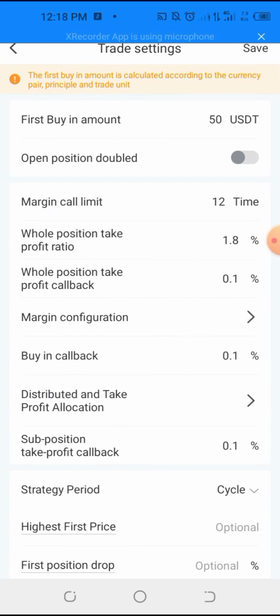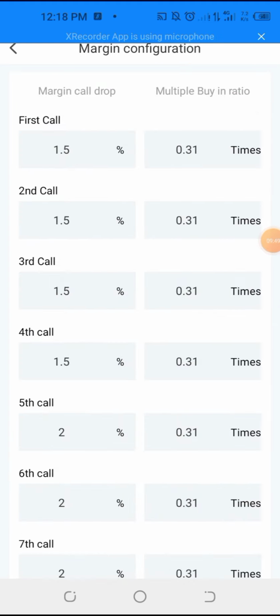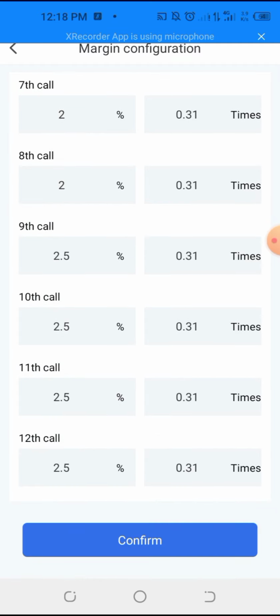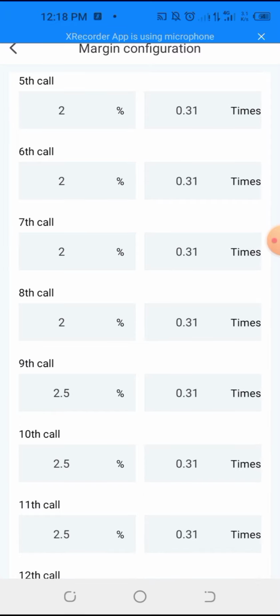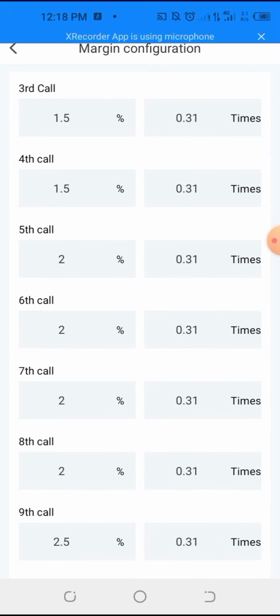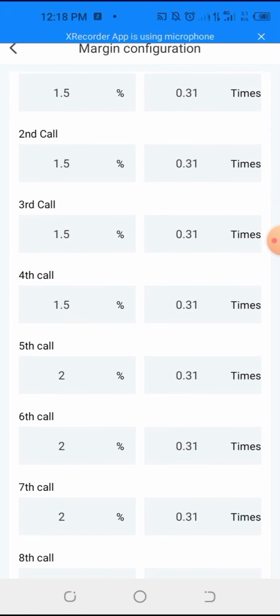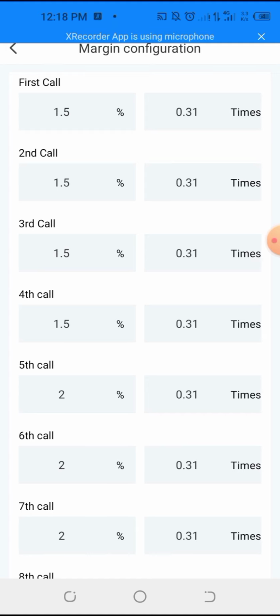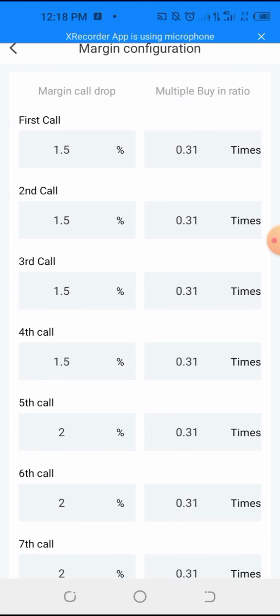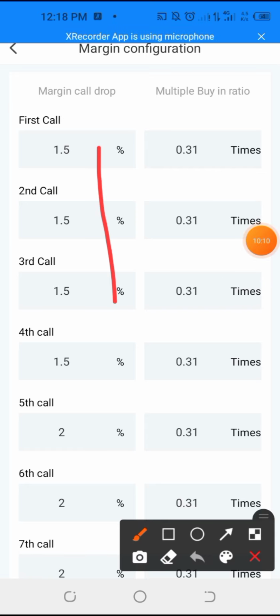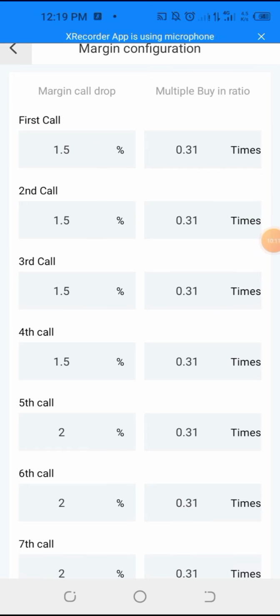You can see I say you should now buy 12 times, and this is my margin one configuration. So I did the setting such a way that even if the market goes down by 5, 10, 12, 14, 16, 18, 19, that means 21%, that means the coin goes down by 21%, the coin will still be buying.